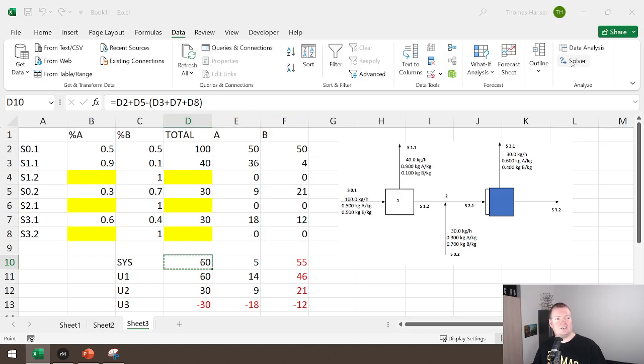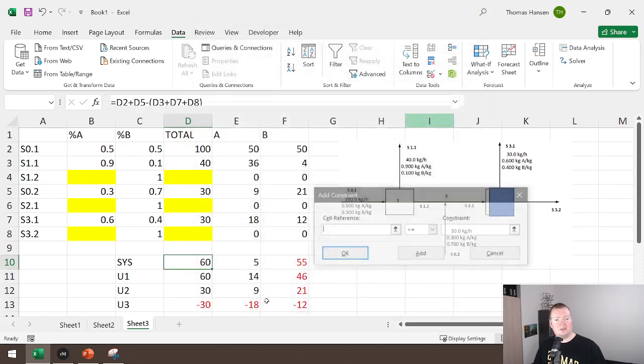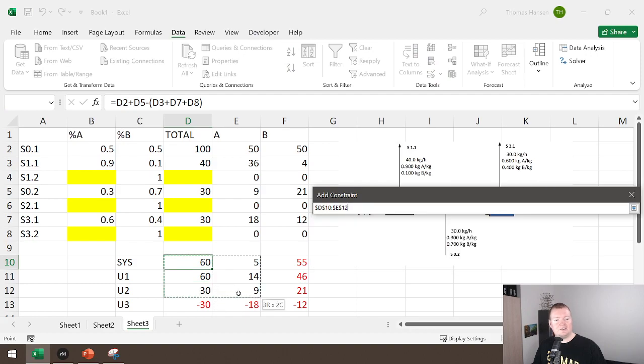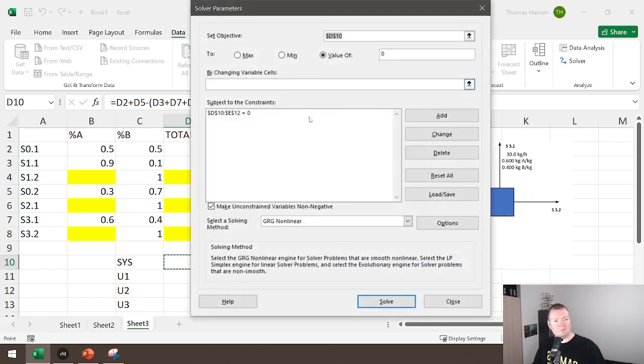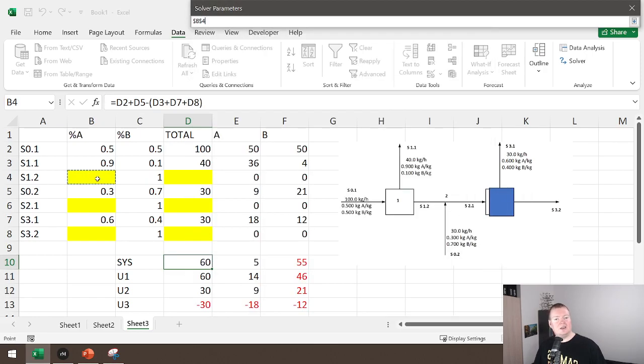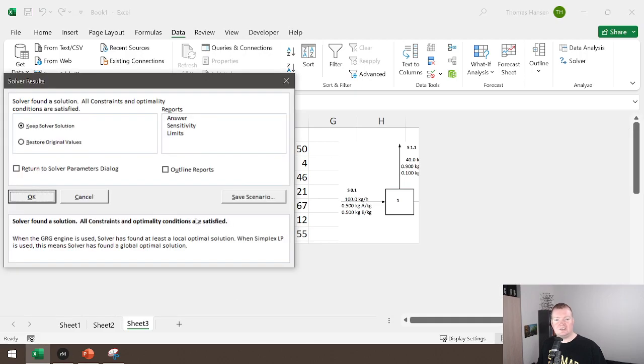So we just ask it and say, all right, one of my equations has to be 0. I'm going to try and be lazy and say all of those have to be 0. So I selected all 6. Might bite me, but we'll see. And I select all of the lovely yellow ones and say those are the ones Excel can change.